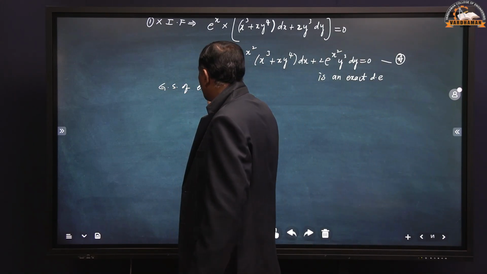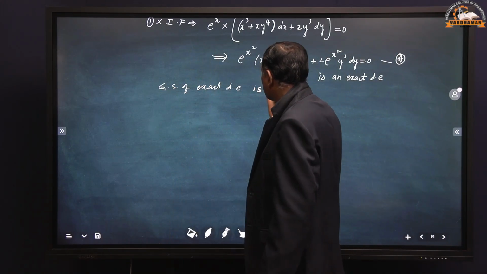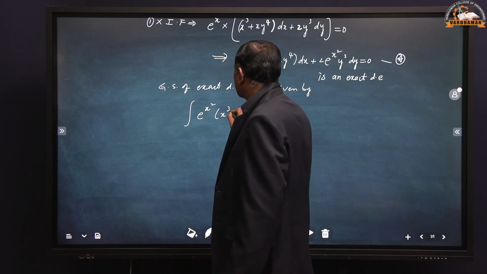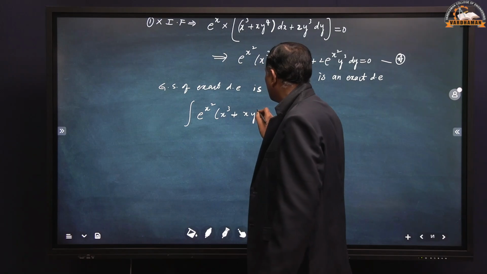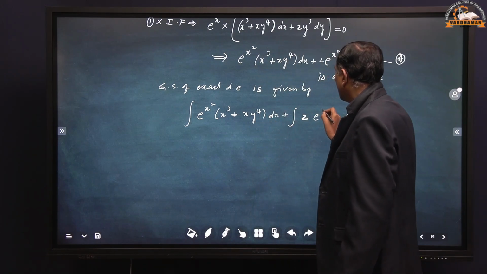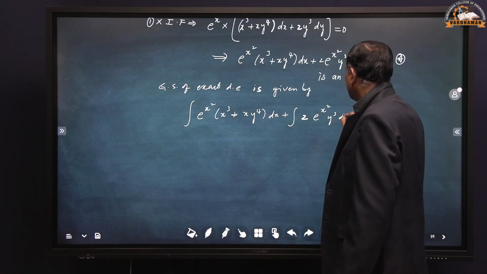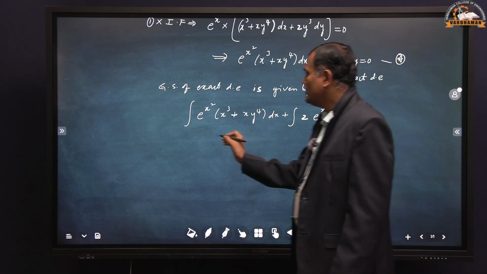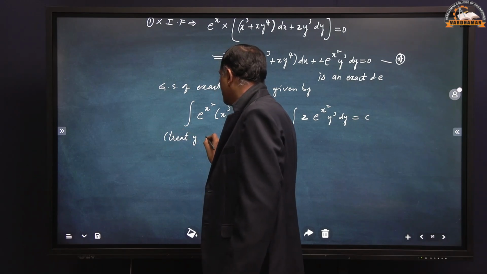Already we discussed how to find the solution of exact DE. The general solution of exact DE is given by integral e power x square x cube plus xy power 4 dx plus integral 2 e power x square y cube dy equals to some arbitrary constant c. Now here we treat y as constant.